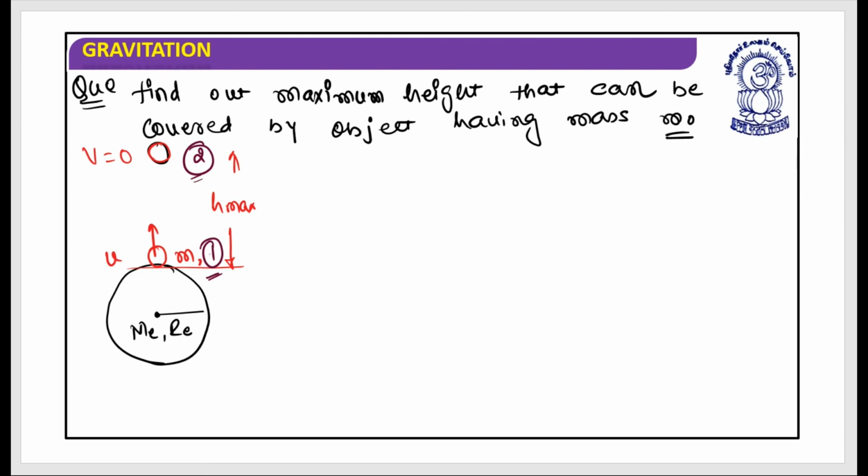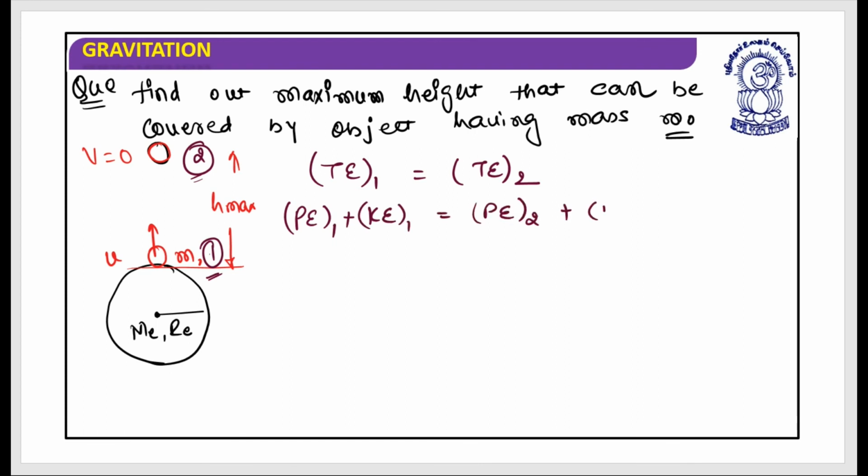This is the first location, this is the second location. We have done this so many times previously. One more time here, total energy 1 is equal to total energy 2. When I say total energy, I mean potential energy 1 plus kinetic energy 1 equals potential energy 2 plus kinetic energy 2. Potential energy 1 at this point: do not make the mistake of considering this as the reference and writing it as 0.